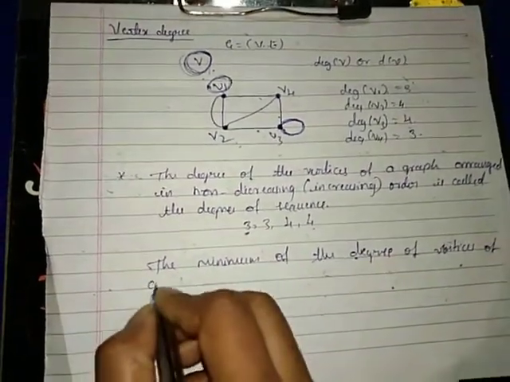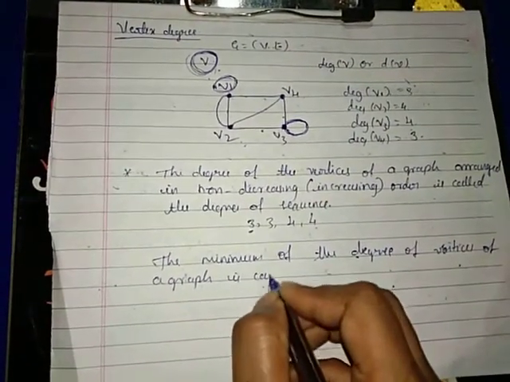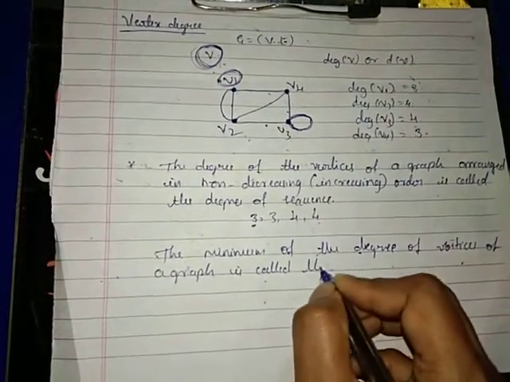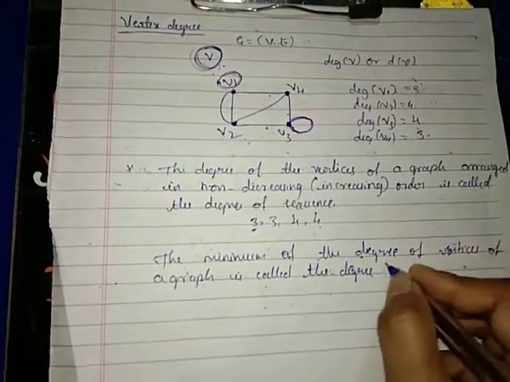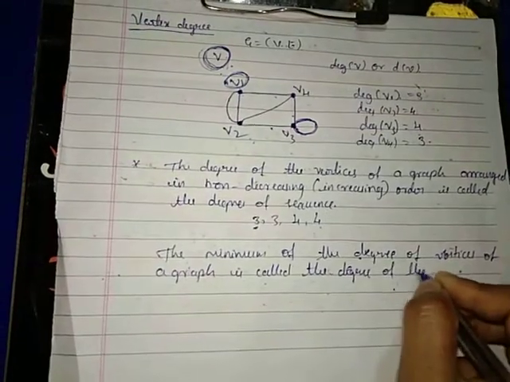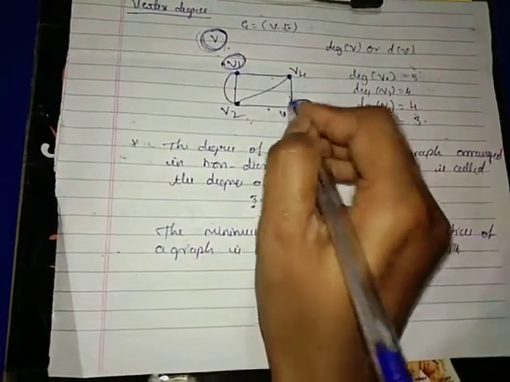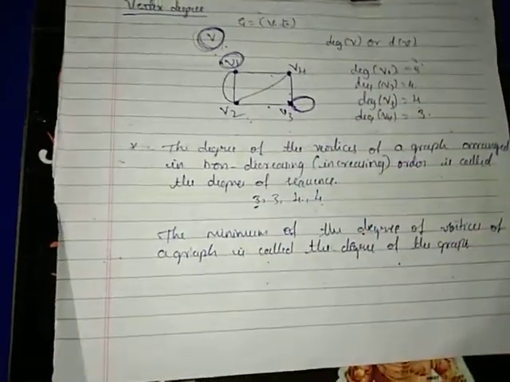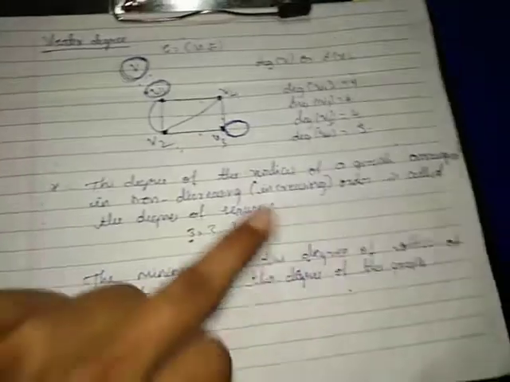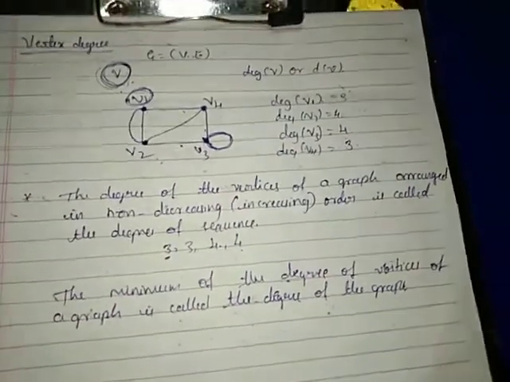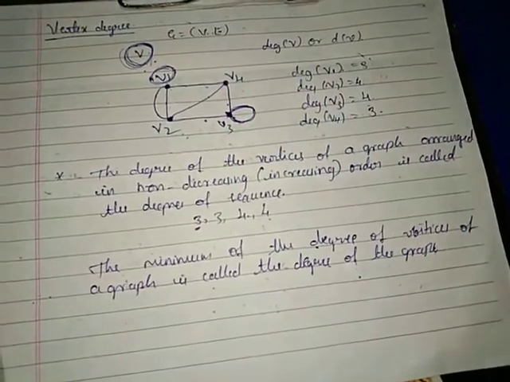So according to this example, the degree of this graph will be 3. Once again, it is clear that a loop will be counted twice here, and the degree of the graph will be the minimum value of the degrees of the vertices of the graph.